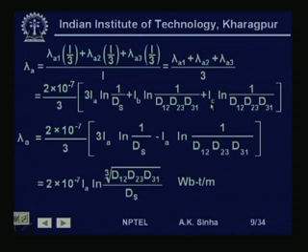Now, I b plus I c is equal to minus I a. So, we can write this as minus I a log n 1 by d 1 2 into d 2 3 into d 3 1. Now, we can combine these two terms and then we will get 2 into 10 to the power minus 7 I a log n cube root of d 1 2 into d 2 3 into d 3 1 divided by d s, Weber turn per meter.